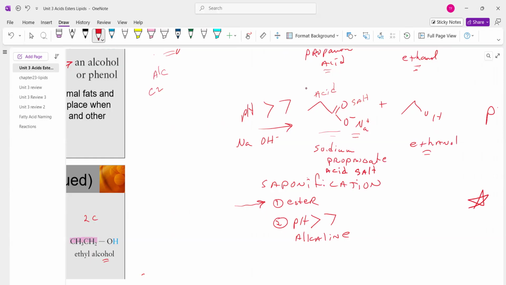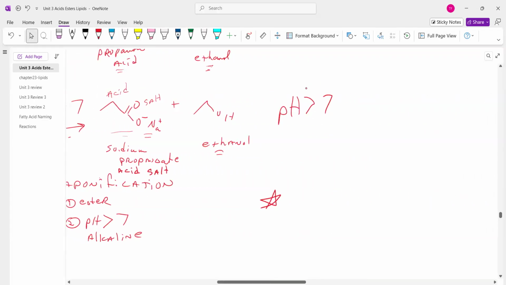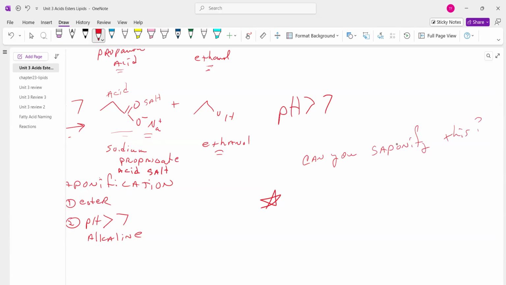Now, a typical test question is, I'll ask you, can you saponify this chemical? So you look for an ester. Is there an ester here? There's an ester right here.